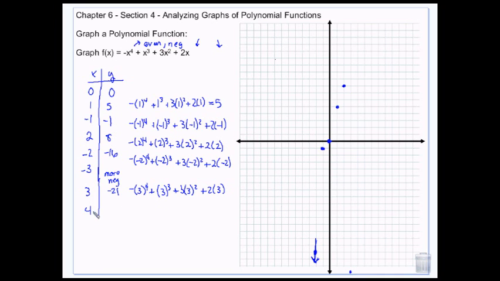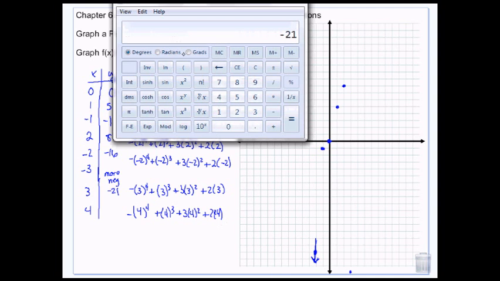And so I'm just going to put in a 4 to make sure I don't turn back around at this point. Okay, so 4 to the 4th is 256. There's no way this is going to become positive.